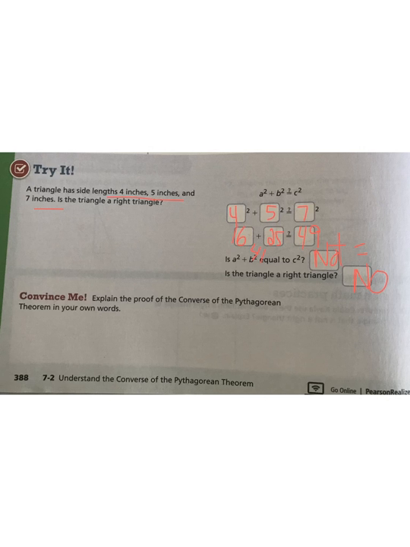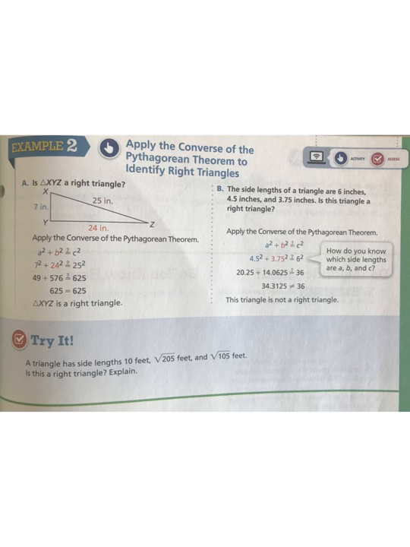Let's go ahead and look at example 2 now on page 389. And I am in volume 2 of your book. So here, example 2, you can see that they have the three sides, and they went ahead and plugged the numbers in. a squared, b squared, we know that c is going to have to be that longest side. And this does work.